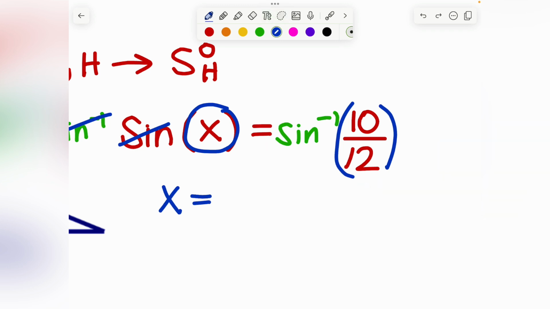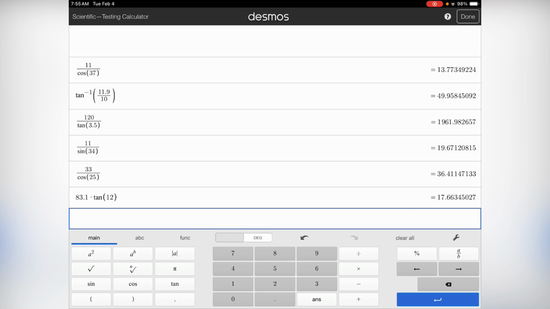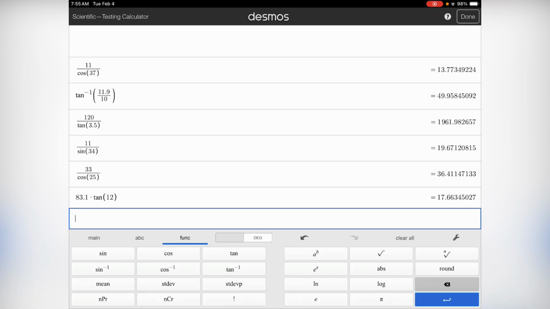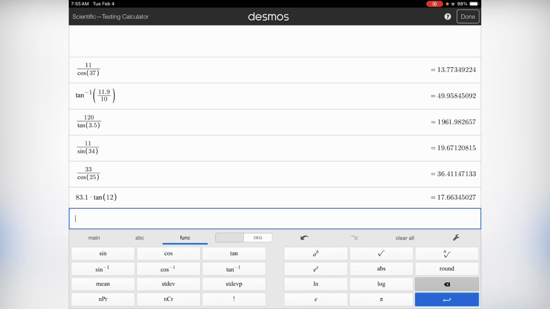On this side, I'm literally just going to put this into my calculator. I'll show you. To do this in test mode, right now it's on main. You can switch this main to ABC or to function. So you switch it to function, and you can see underneath the sine, cosine, and tangent at the top is the sine inverse, cosine inverse, and tangent inverse. So what I'm going to do is hit sine inverse.